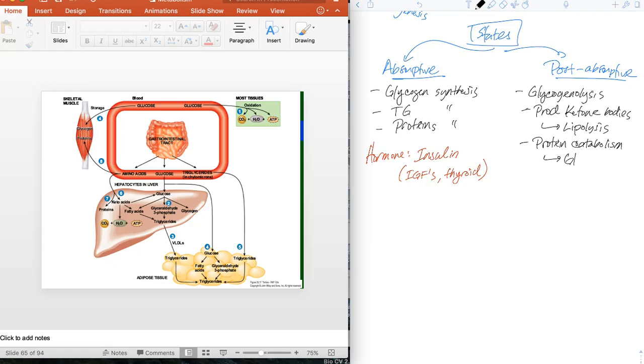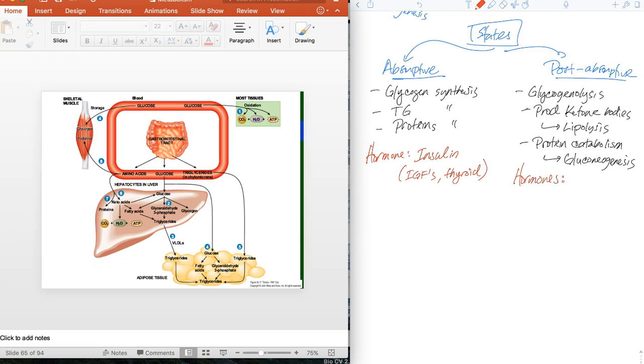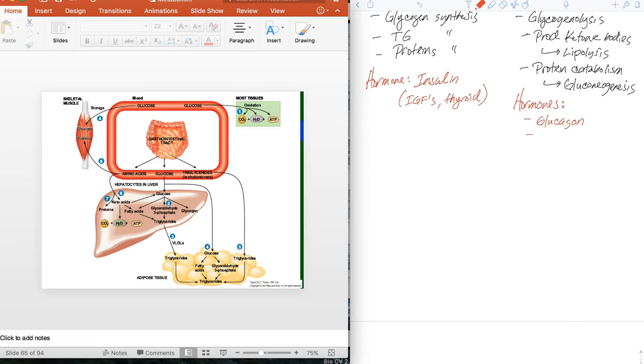This is really gluconeogenesis. What hormones kick in for this process? The opposite of insulin, produced by alpha cells this time, glucagon. Epinephrine can also stimulate this process. Cortisol too, especially with prolonged fasting.